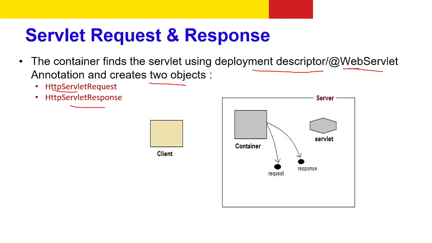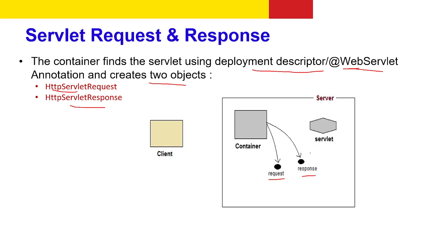That is what we have as the parameters of doGet and doPost. So the request and response objects are created.